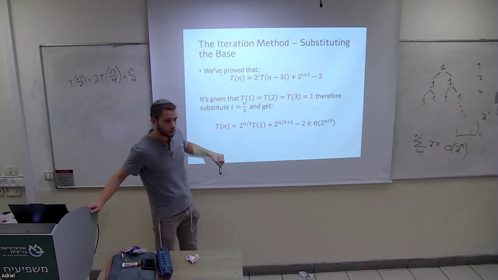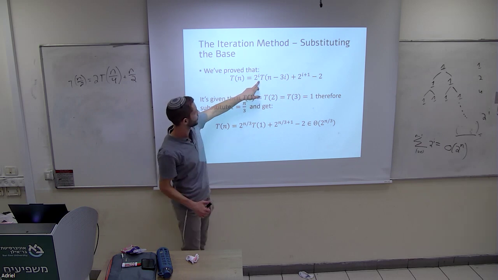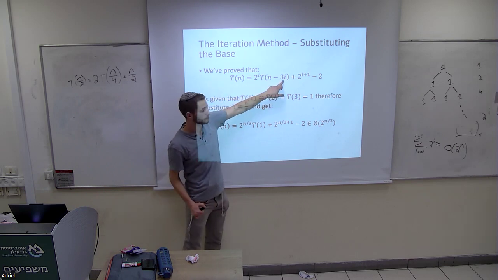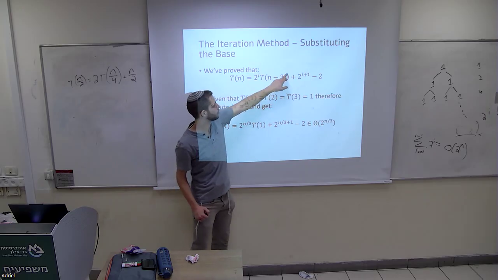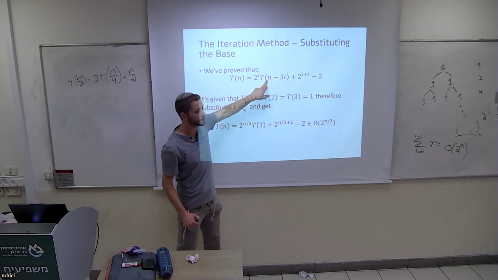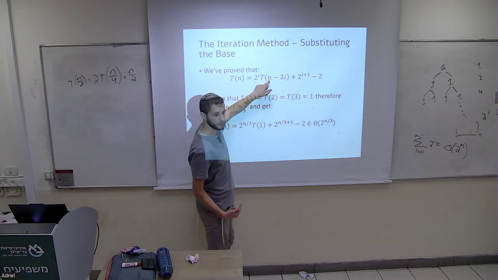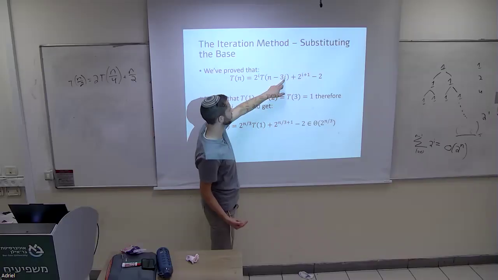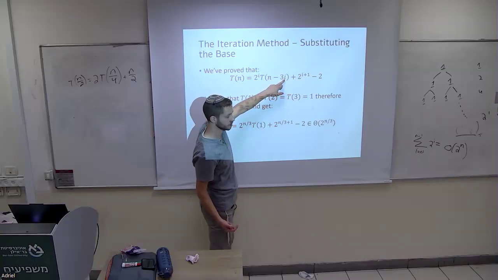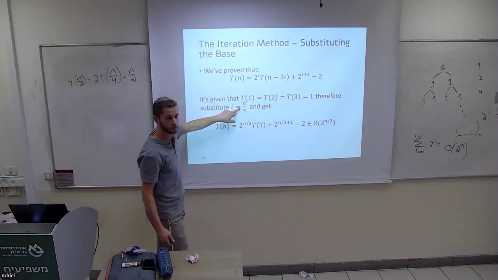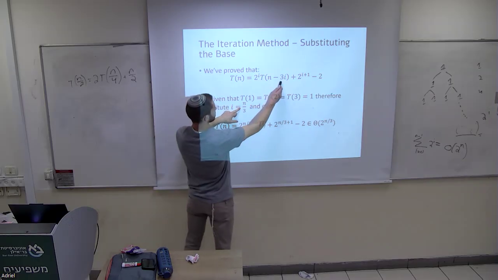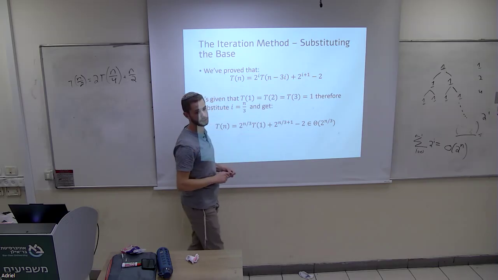Why? Because this is our general one, right? So we want to substitute something that will make T of whatever this is equal to 1 or 2 or 3 in this case. We want it to be T of 1. How do we make it T of 1? If i equals n divided by 3, what does that mean? n divided by 3 times 3 is n. n minus n is just T of 0.